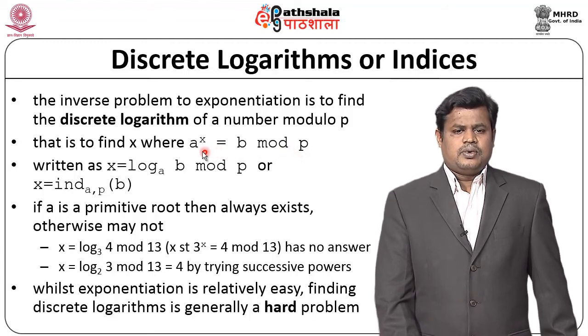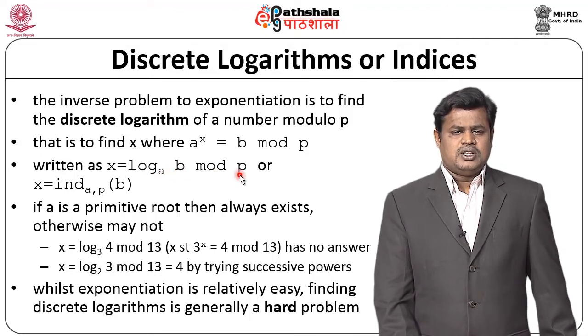If an attacker knows a and b, then he should be able to get the x. So, it is an inverse to exponentiation. Even though a and b are public information and mod p is also known to the attacker, it should be very difficult for him to get back the x. That is what we call the inverse problem to exponentiation, the discrete logarithm. This is the core concept that makes this algorithm withstand attack.